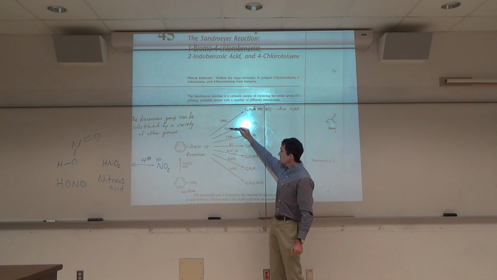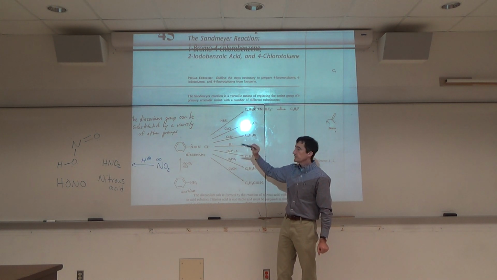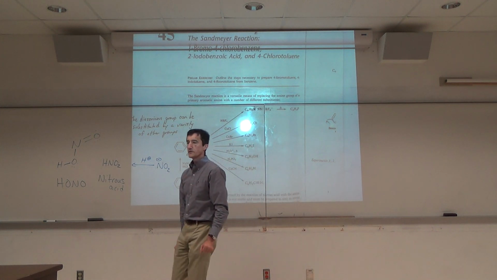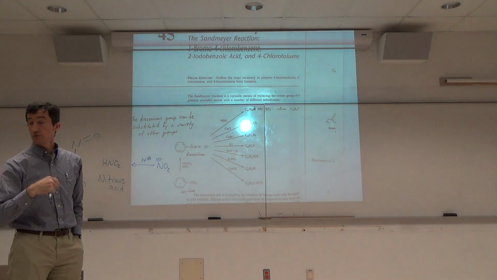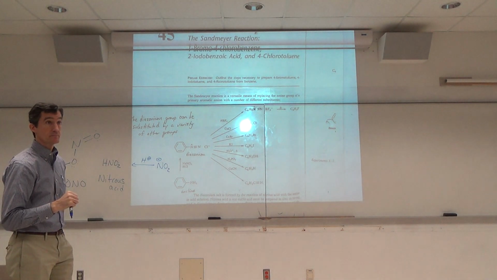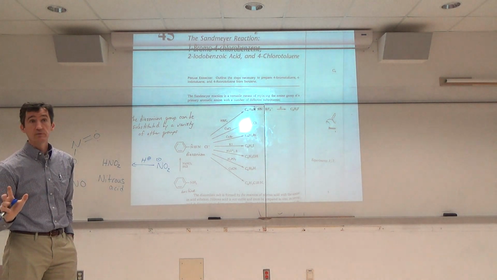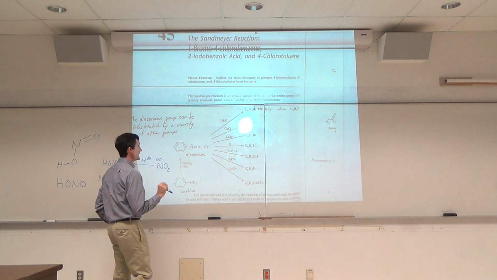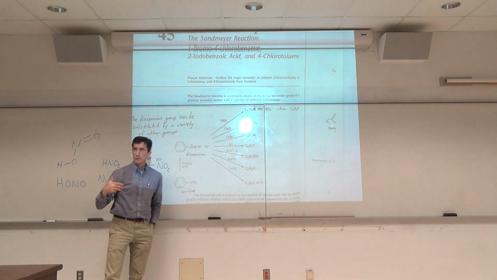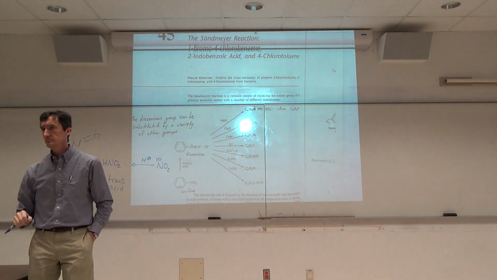First off, sodium chloride and sodium bromide do not work. You have to have the copper or probably some other transition metal. Most of these reactions to replace the two nitrogens are radical reactions. Not an SN2, obviously, because we're on an sp2 carbon. Usually not an SN1, it's usually radical. The copper helps it become a radical reaction.